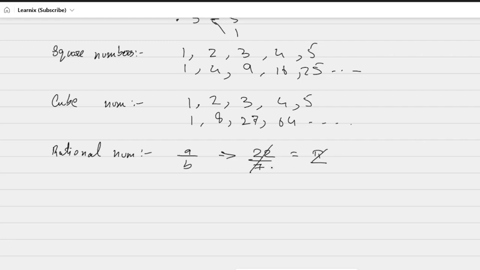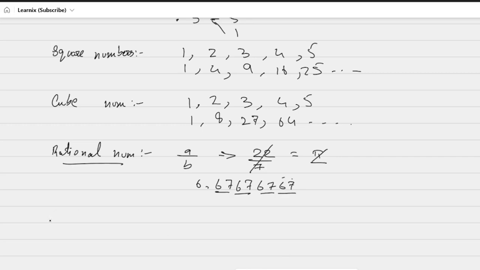So pi does not equal 22 over 7. 22 over 7, as you can see, is a fraction, so it's a rational number, right? And another thing, if you have, let's say, 6.6766767, 67 recurring, this is also a rational number. That's because the decimal places are recurring.